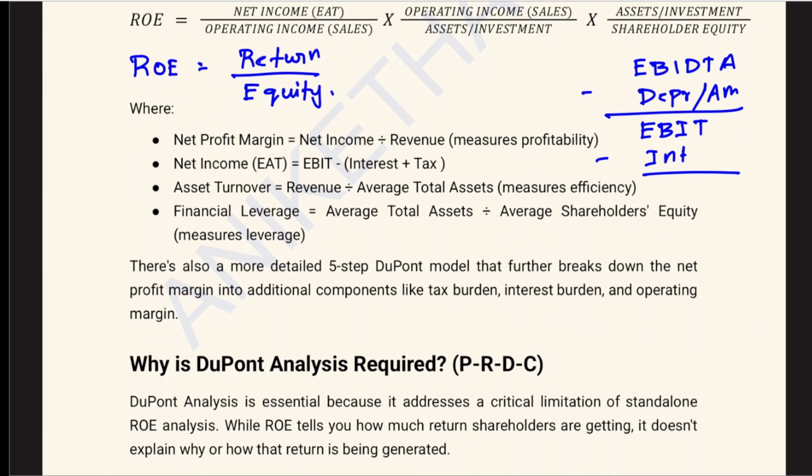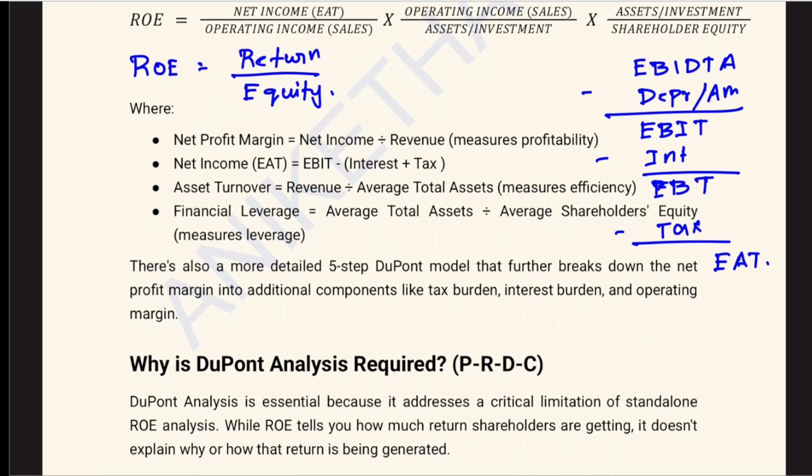So my tax should not include this interest. That is why interest is given first. So I will get EBT, that means earnings before tax. From this I subtract tax. What will I get? I will get EAT or PAT, profit after tax.